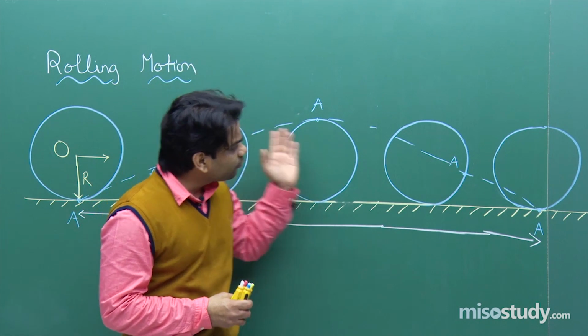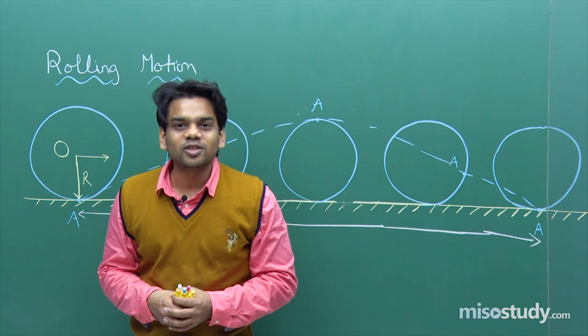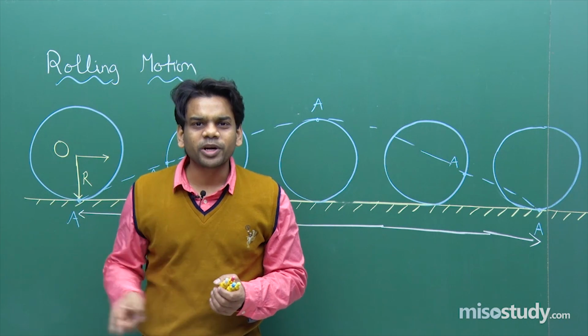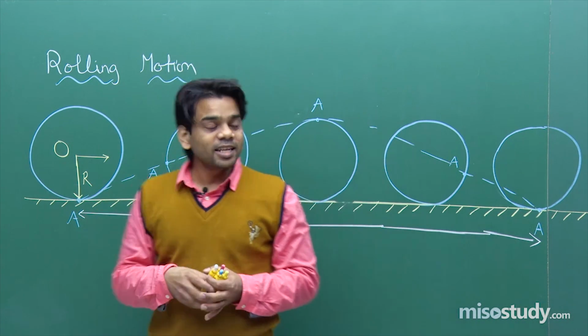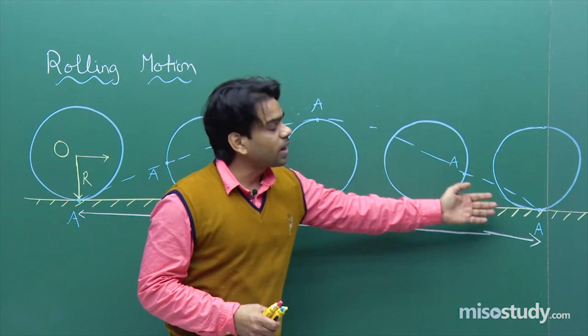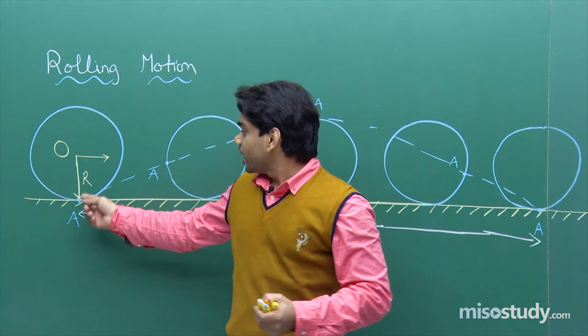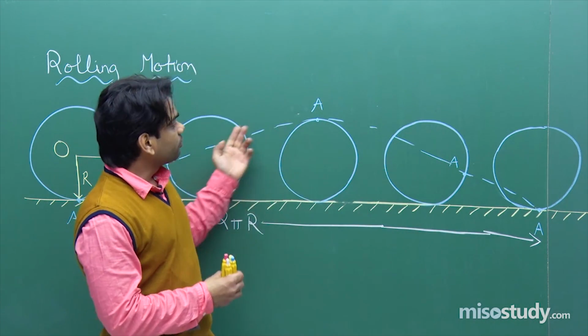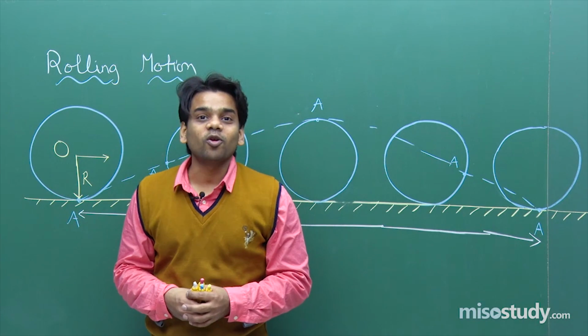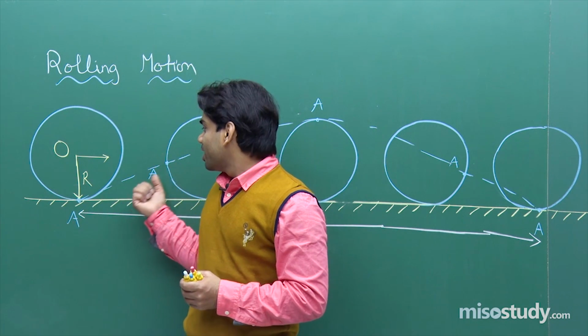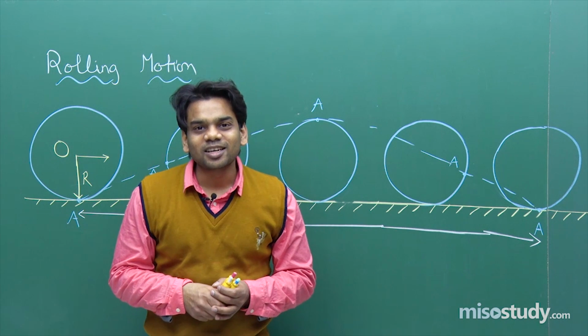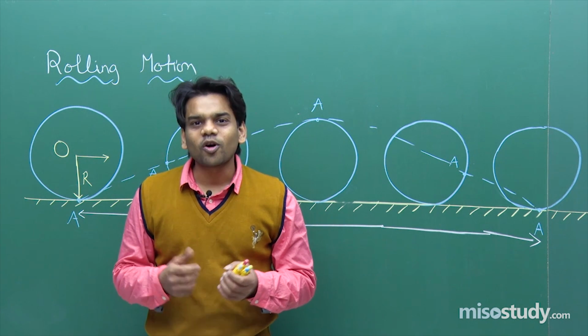Now when the wheel rotates through a linear distance of 2 pi r, when it makes one complete rotation, let's find out what is the linear distance traversed by A. That means what is the length of this dotted path which I have shown you here. Do you remember? We also derived the velocity of any point on a disk or on a wheel.